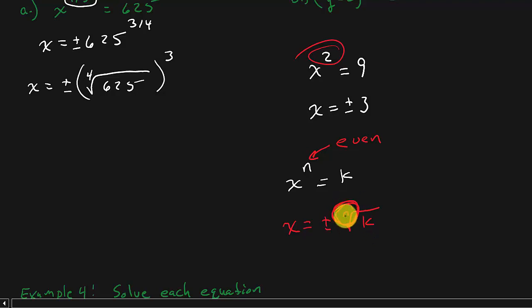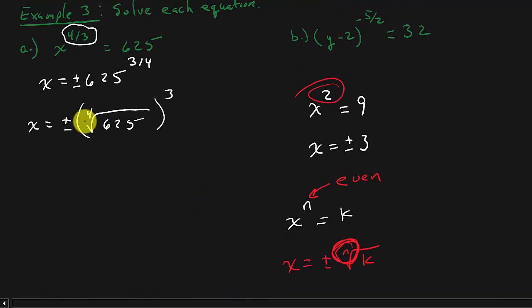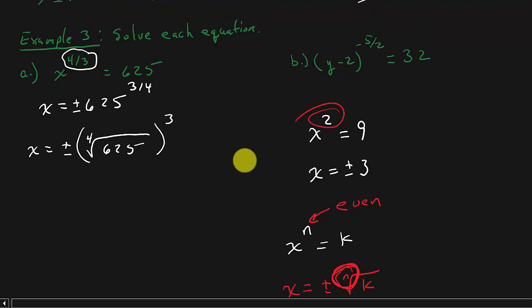N is even. Well, do you see this? This is the fourth root. It's like we were taking the fourth root of both sides, and so we've got to put the plus or minus. Okay? If you remember, when you convert from exponential to radical form, remember this denominator here is the index of your radical.